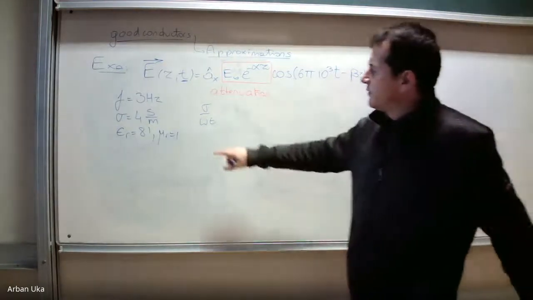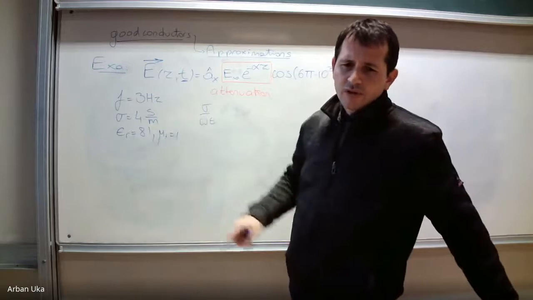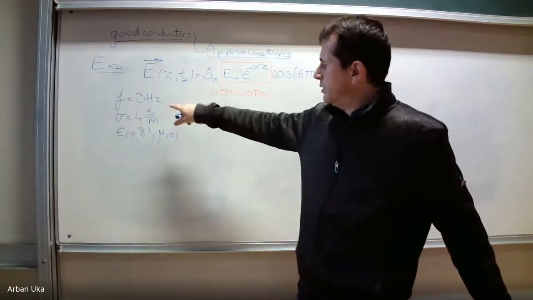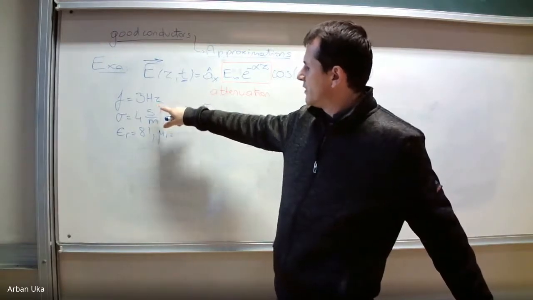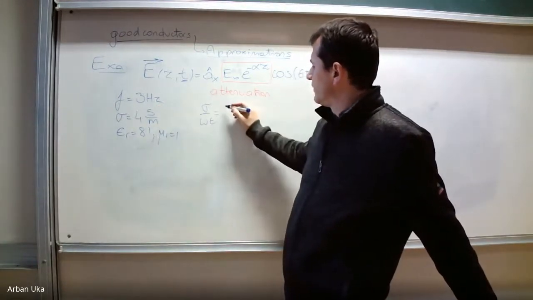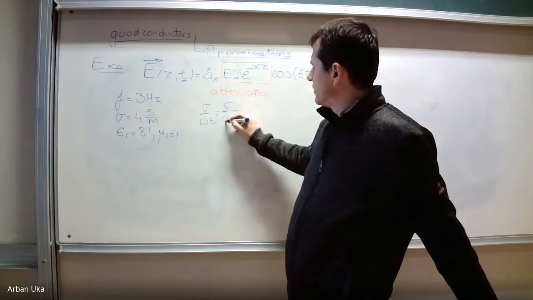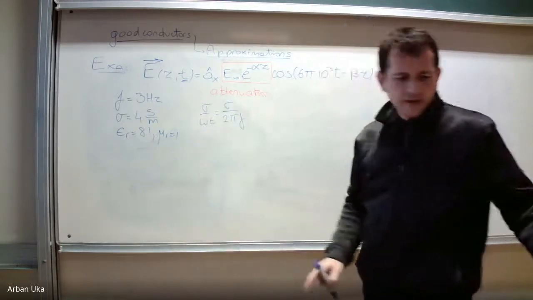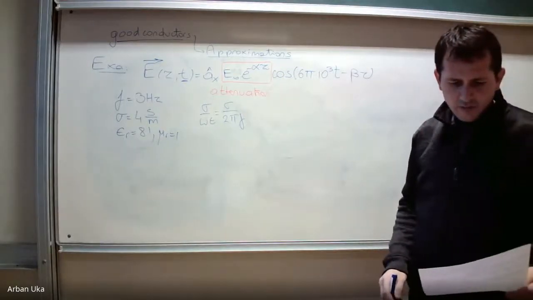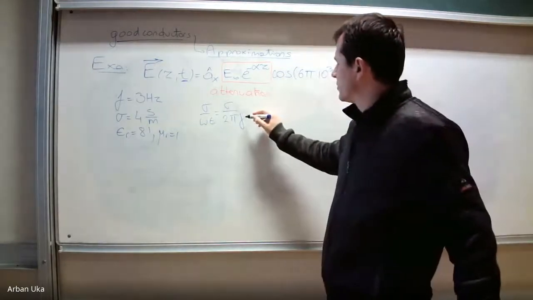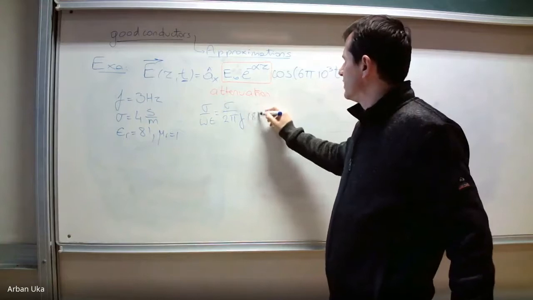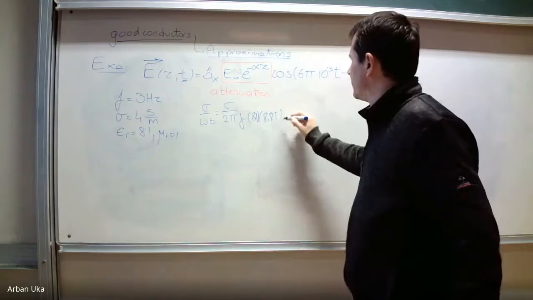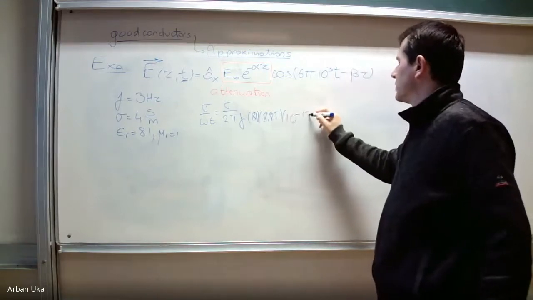If we judge based on the order of the quantities, we have 4 divided by 2 pi f times the permittivity. This permittivity we have to multiply with epsilon 0, because here we have 81 times 8.85 times 10 to the power minus 12.